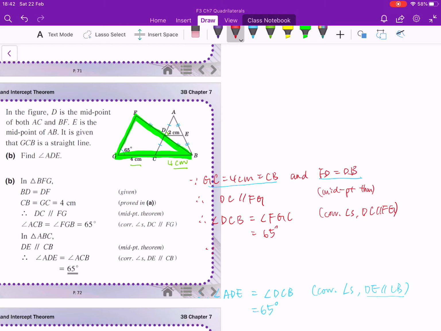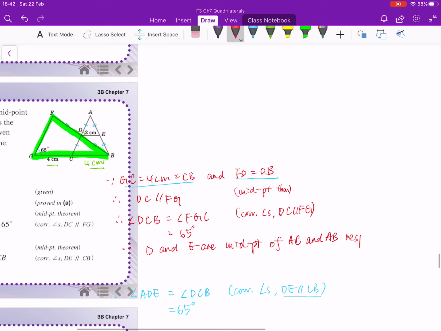So because AD equals DC, or actually you may write some words if you want. In another way, you can say that because D and E are midpoints of AC and AB respectively, because you say two things in the same sentence.